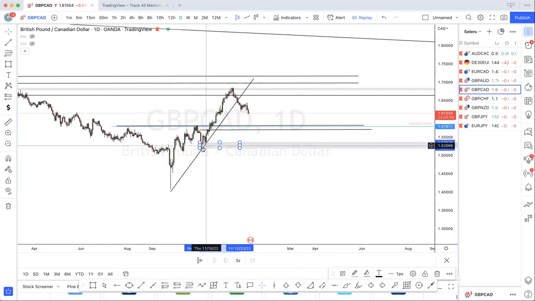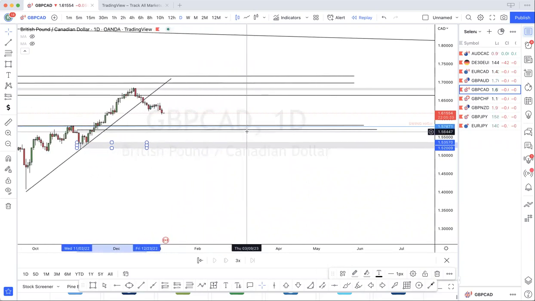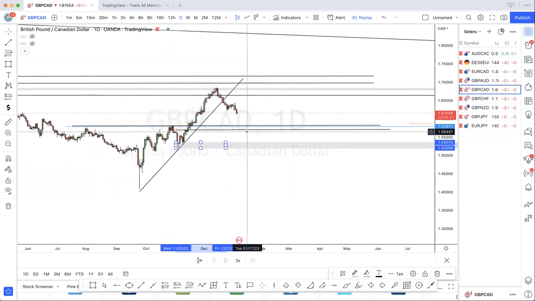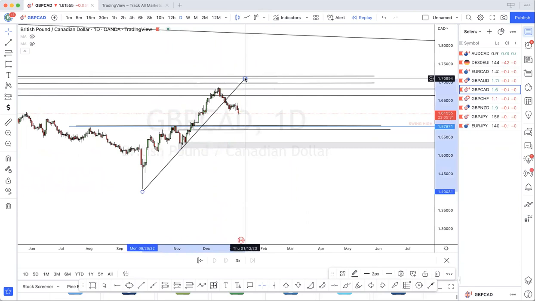As long as it doesn't break this low, it can come anywhere between here and here and turn around. But I'm expecting it to turn around at these areas that I've marked up. Did that make sense?